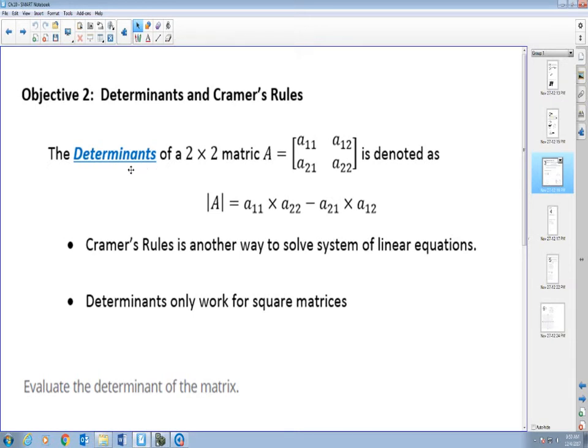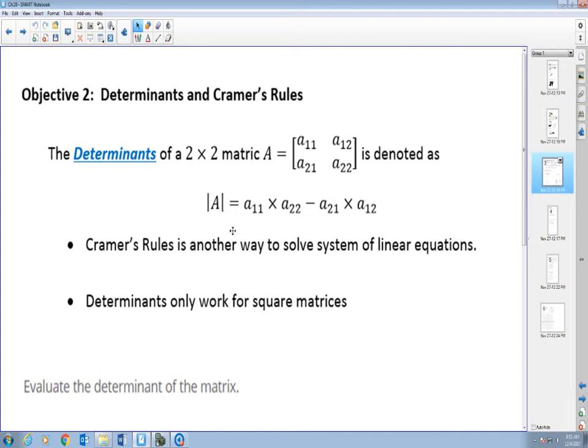So, what's a determinant? A determinant is a numerical value. Okay. So for the determinant of a 2x2 matrix, where my matrix A here has entry A of 1, 1, that means first row, first column. The determinant of my matrix A is denoted this way. This is not an absolute value.